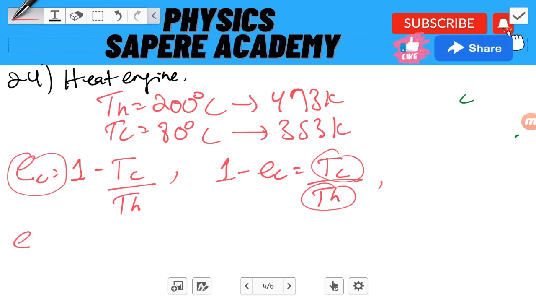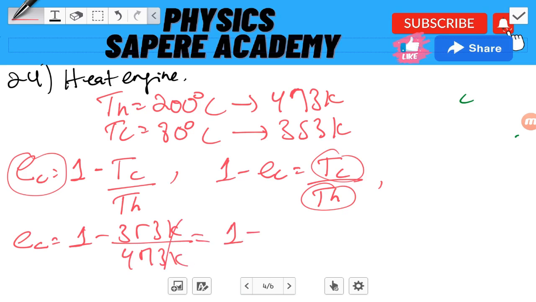So my value of EC, the Carnot efficiency, is 1 minus 353 Kelvin over 473 Kelvin; the Kelvin cancels. This becomes 1 minus some value, which is equal to 0.253. So this is my Carnot efficiency.